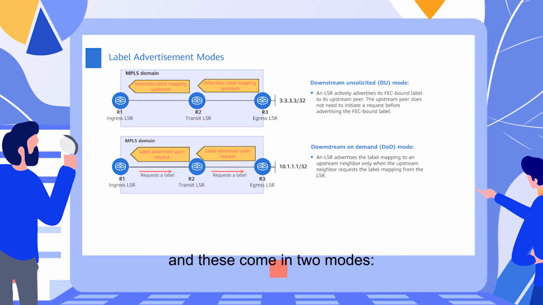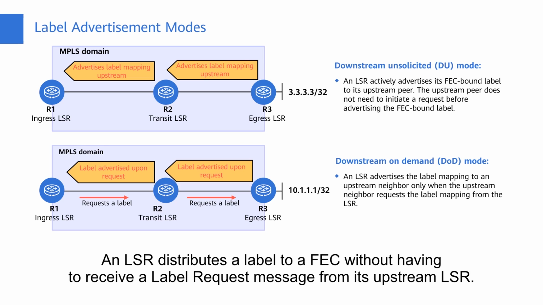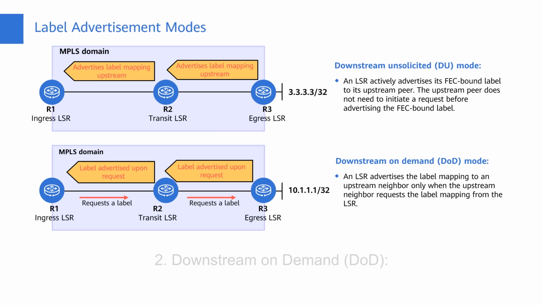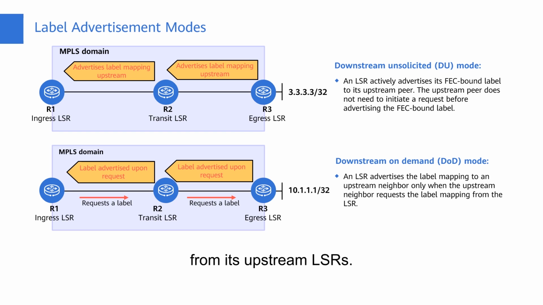Upstream and downstream LSRs that have label distribution adjacencies must use the same label advertisement mode, and these come in two modes: downstream unsolicited, or DU. An LSR distributes a label to a FEC without having to receive a label request message from its upstream LSR. Downstream on demand, or DoD. An LSR distributes a label to a FEC only after receiving a label request message from its upstream LSR.